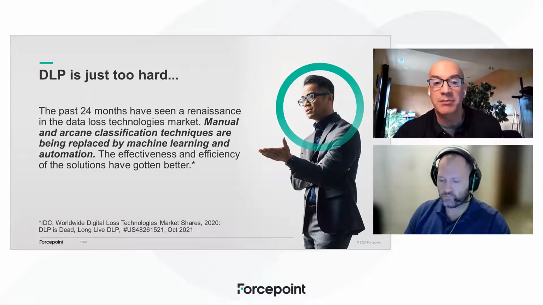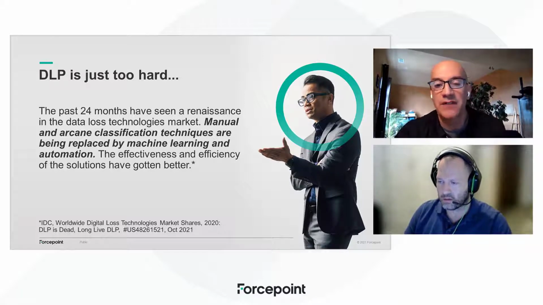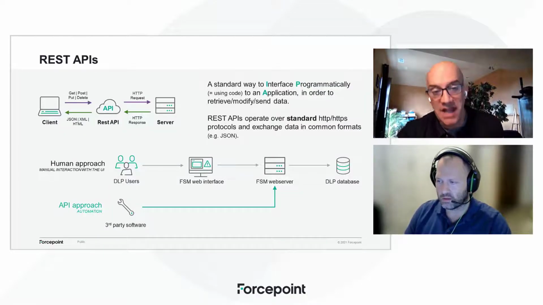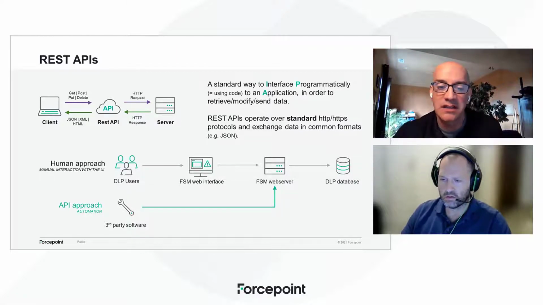So there's really been a big improvement in DLP, and among a lot of analysts, the predictions for DLP growth rates in the future have boosted up quite a bit because there are a lot of innovative things being done. Today with ours, we're looking at this aspect of REST APIs. So I'm going to hand this over to Elad, and then he'll describe what we're doing here.